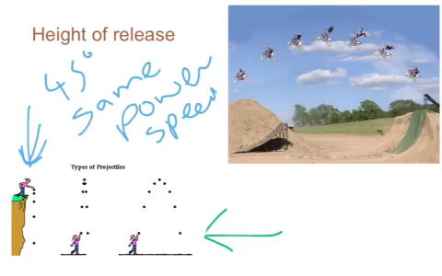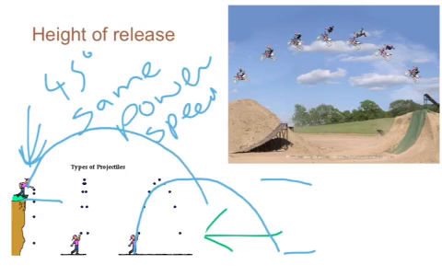The reason why is when these ones release the ball, they're closer to the ground, so therefore there is less time for the ball to travel in the air. Whereas if we're throwing it from a height over here, at the same angle, we're going to have more time for the ball to travel in the air and more time for gravity to impact on it.